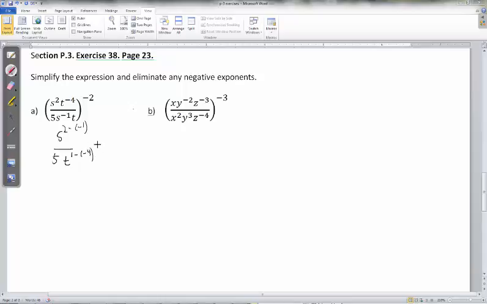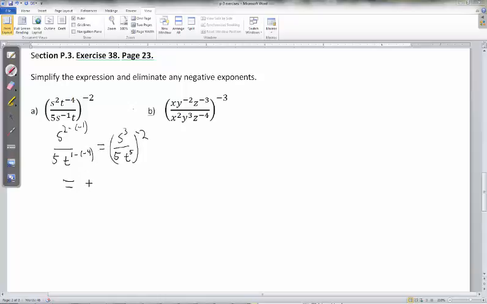So now that gives me s to the 3rd over 5 t to the 5th, all to the negative 2, and I think I have simplified all I can inside the parentheses.